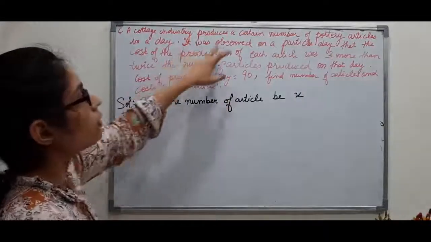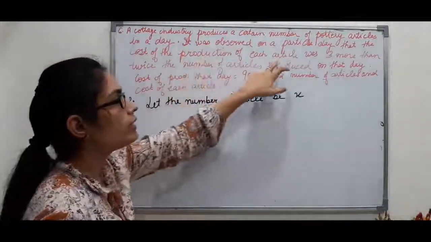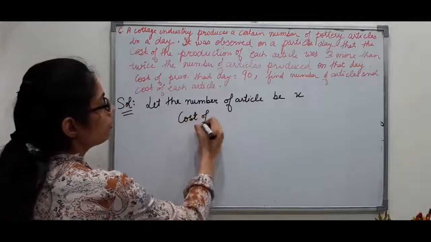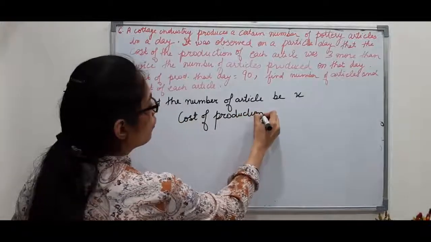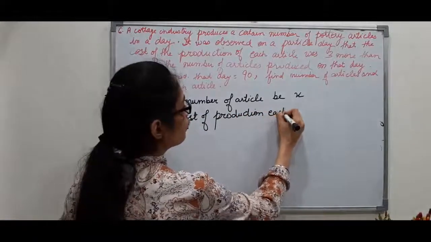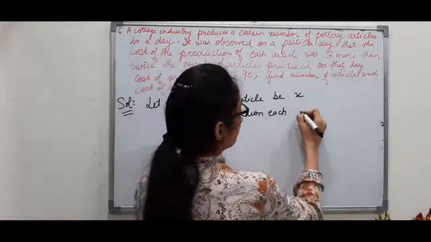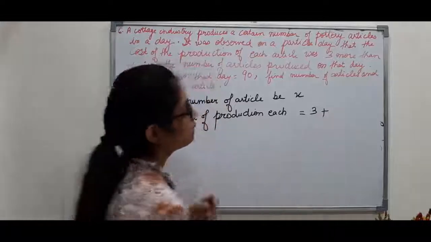Now they are telling it was observed on a particular day that the cost of production of each article. Now cost of production of each article, we are talking, not for all the articles together, for each. It is 3 more than, we will write as it is. More means plus.